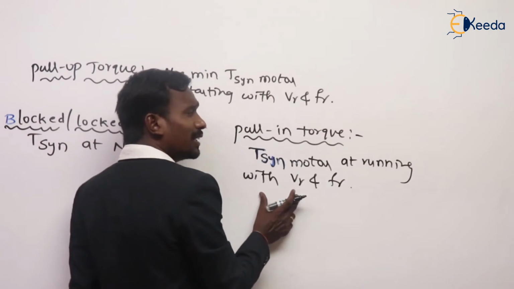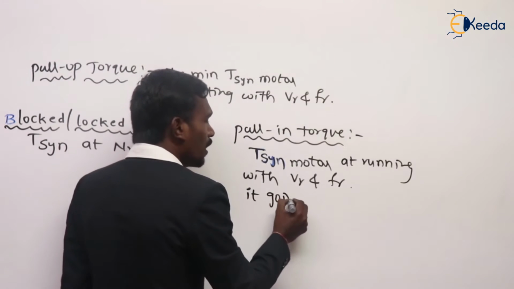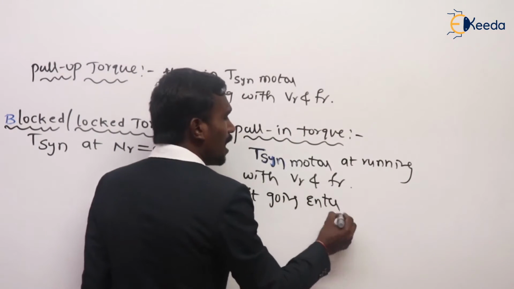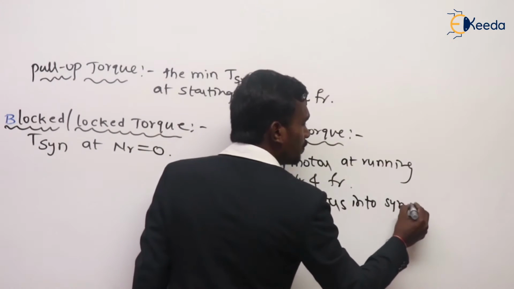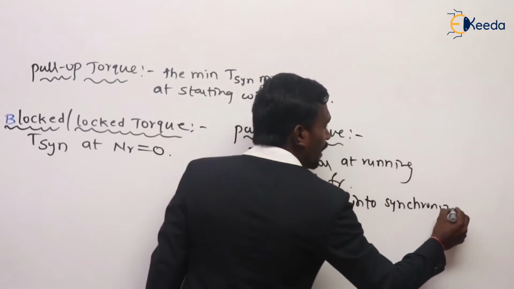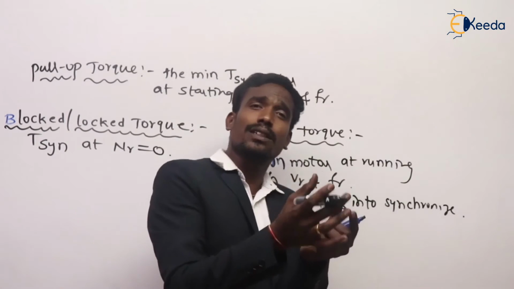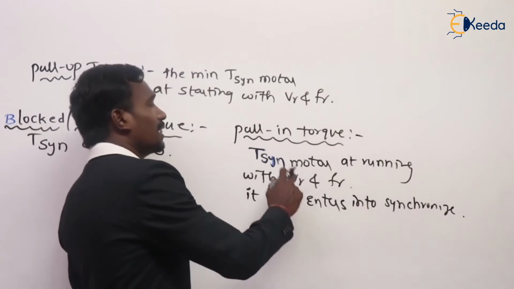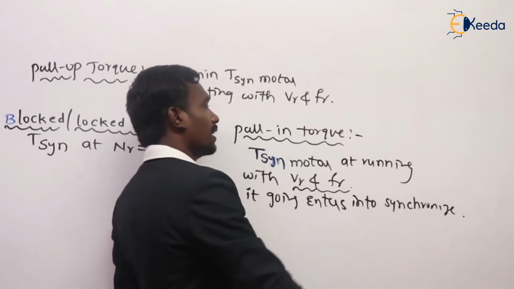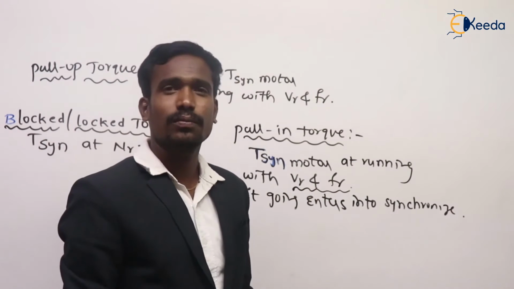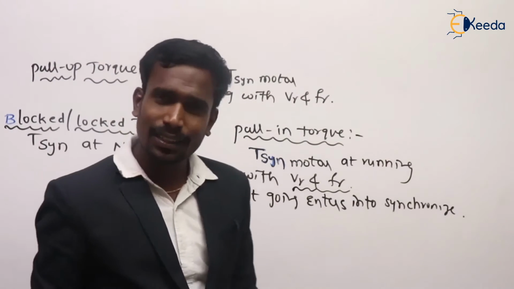This torque is at running condition when the motor is going to enter into synchronism. At that condition, the torque developed by the motor, this must be at rated voltage and rated frequency. So these are the blocked torque, pull-up torque and pull-in torque.